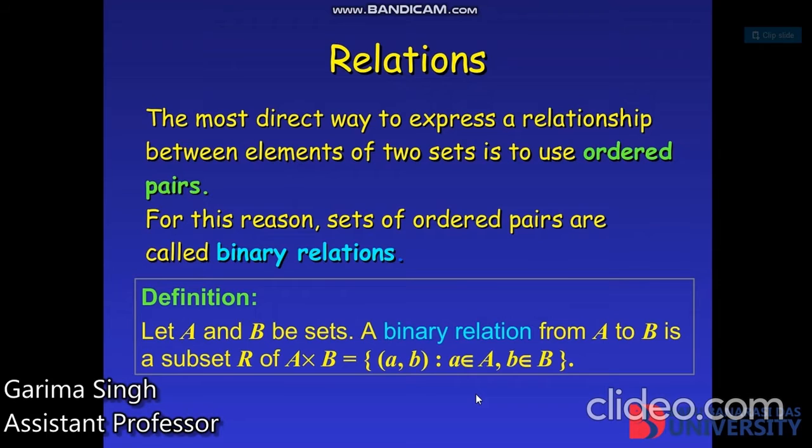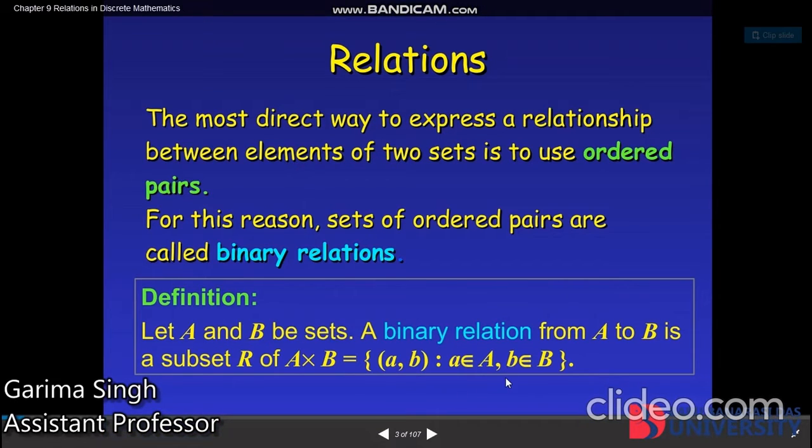But it's not essential that the Cartesian product and the relation are always the same. A relation could be a subset of the whole Cartesian product. That's what the definition says.